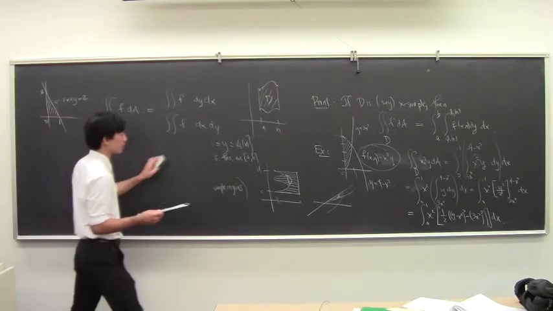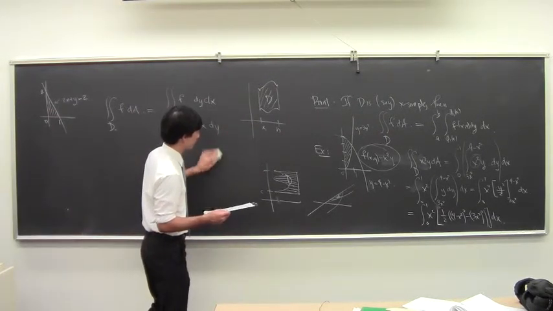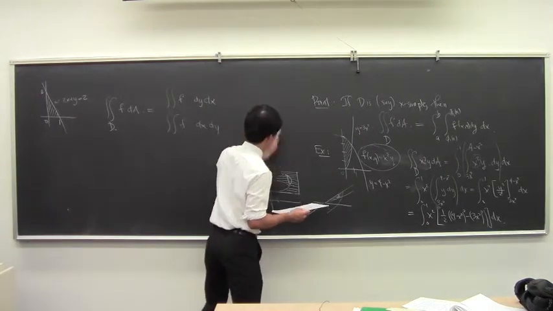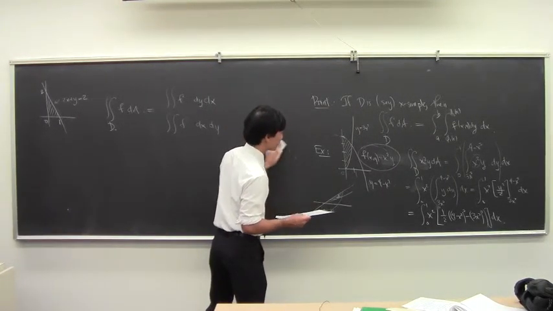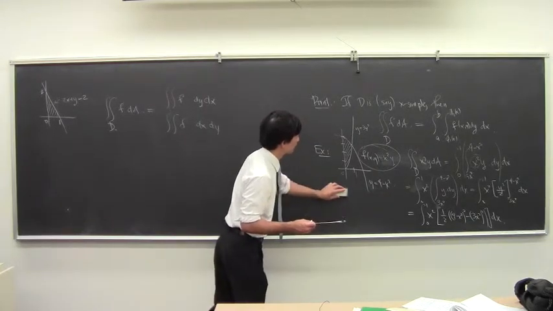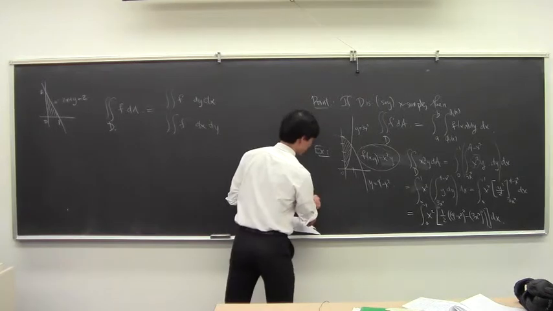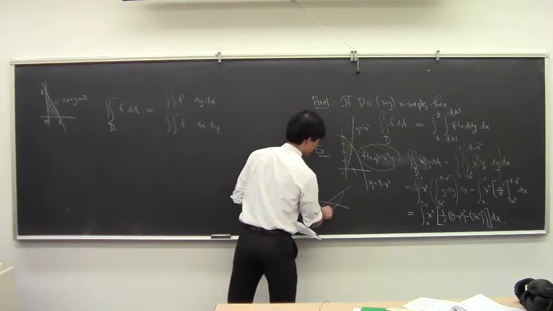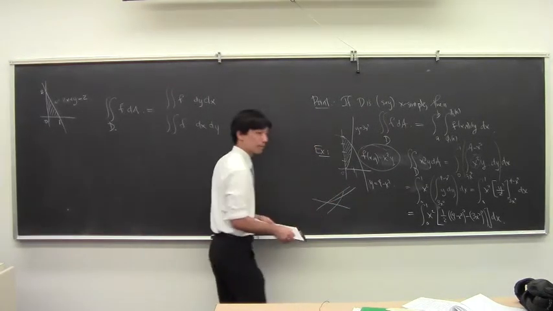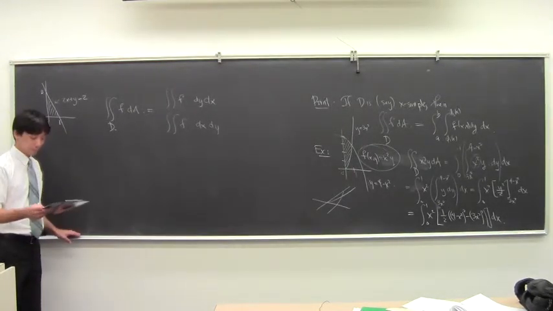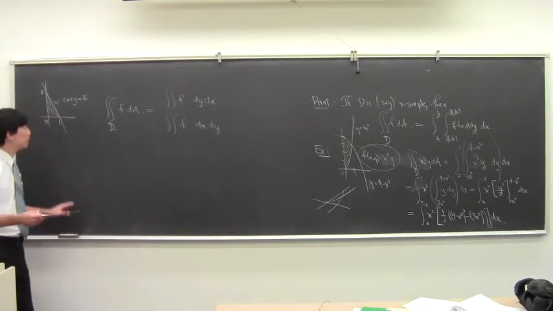And you express this line either in terms of y or in terms of x. So you do x boundaries and then the y boundaries go from 0 to x. Or you do the y boundaries.